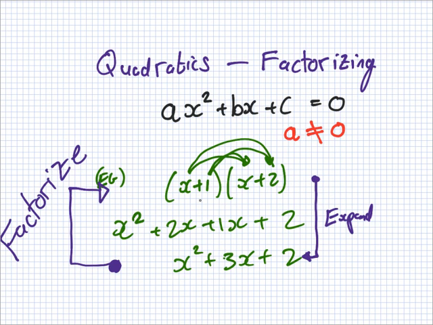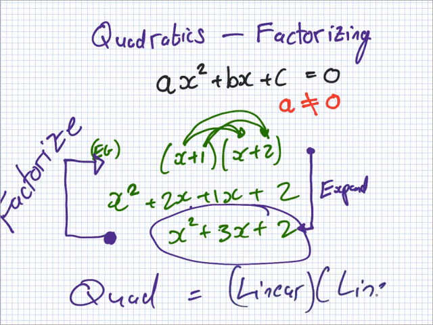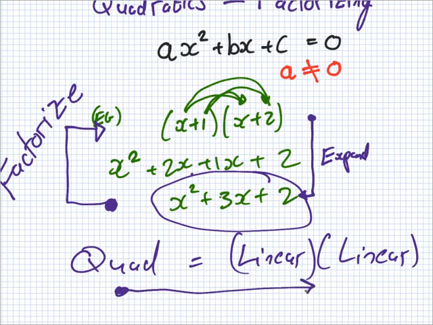What we're going to look at in this lesson is how we can go from here back to the original. You can see here a quadratic equals a linear multiplied by a linear, and we want to learn how to go from the quadratic to its original linear multiplied by linear.